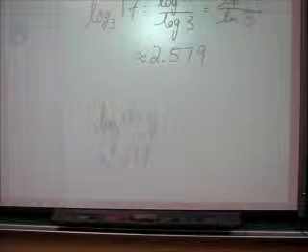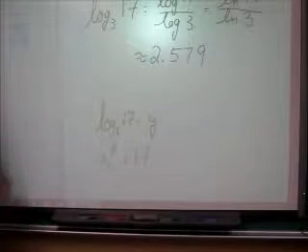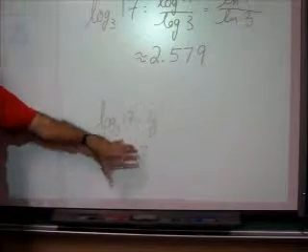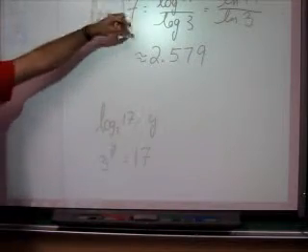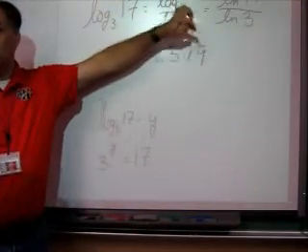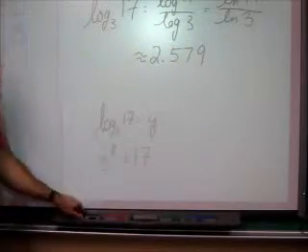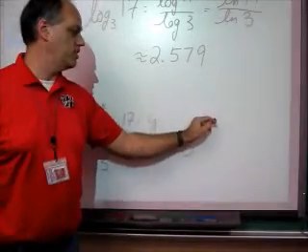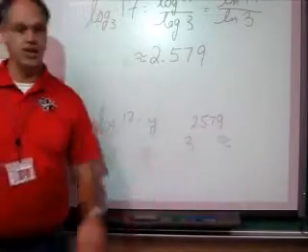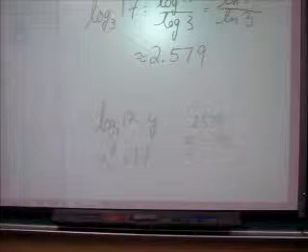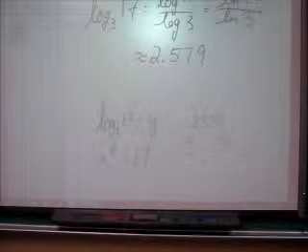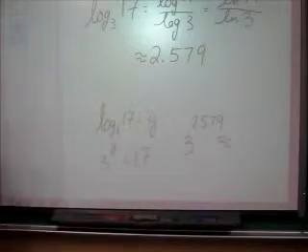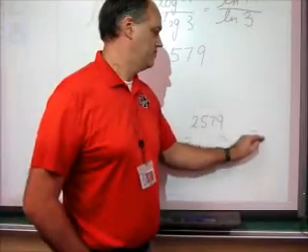Because I don't have a particular power here, I don't know what particular root to use to find this value. And the value of logarithms is saying, okay, now I know the particular root to use, because this problem tells me that 3 to the 2.579th power, and if you put that in your calculator, again, we rounded, so it's not going to be exact, but I bet it's going to be pretty close to 17, isn't it? 17.0.